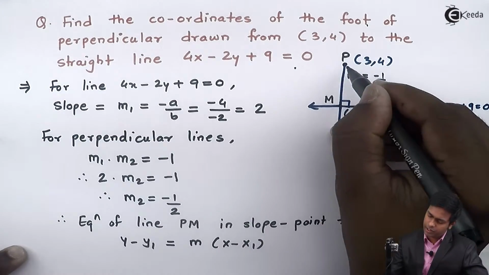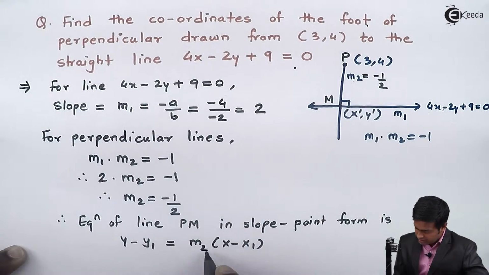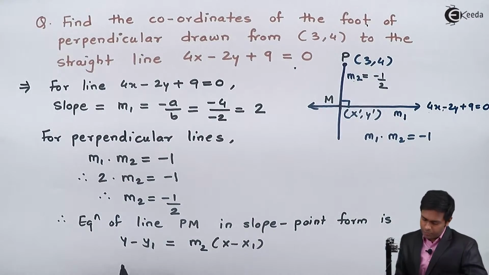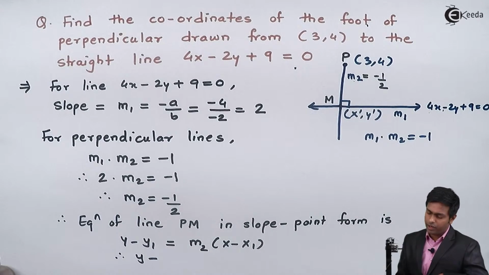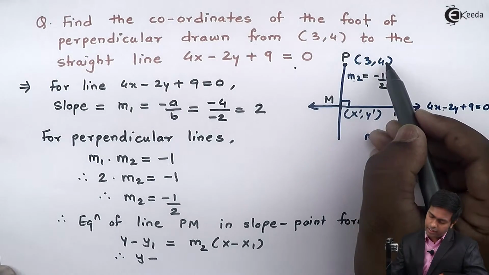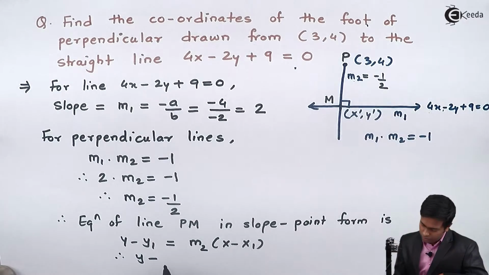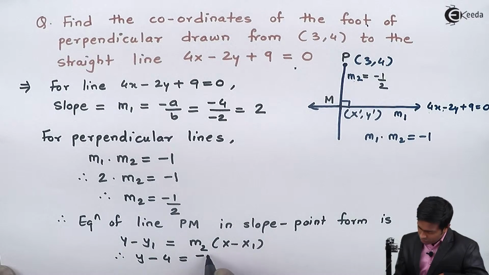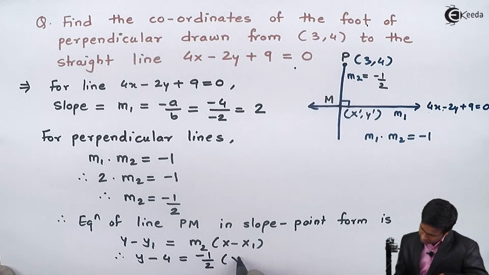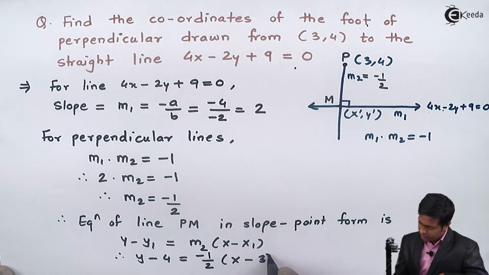Here I am assuming the slope of this line as m2. By substituting the values we get y minus y1, where y1 is 4, equal to m2, which is minus 1 by 2, times x minus x1, where x1 is 3.